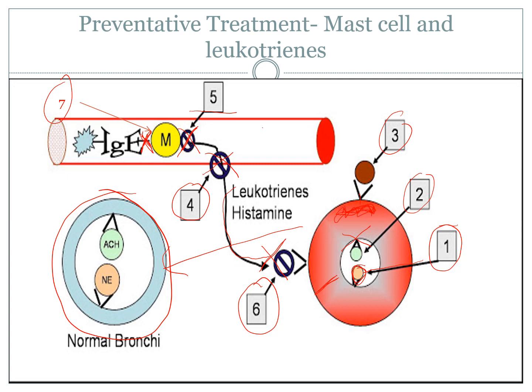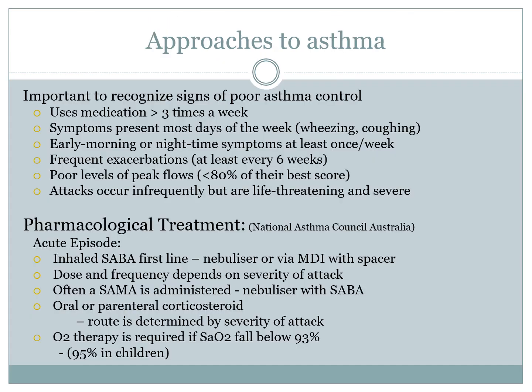Just to finish off, we'll have a look at considerations that can be brought into play in order to determine whether or not the conditions are controlled. When we're looking at asthma, we need to look for those telltale signs of poor control. If someone has to use their medication, being their relievers, more than 3 times a week, then that's poorly controlled. The goal is to have control over the symptoms.